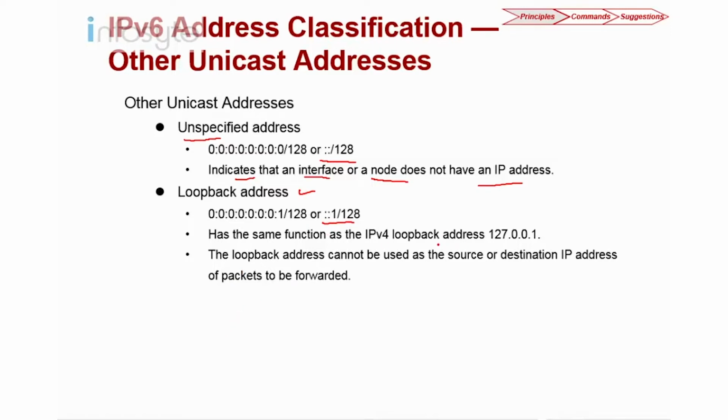So it has a similar function to the IPv4 127.0.0.1. The loopback address cannot be used as a source or destination, or for a packet to be forwarded. So now you have it, the different types of unicast address. We have the global scope, link local, unique local address, and the other unspecified or loopback addresses.